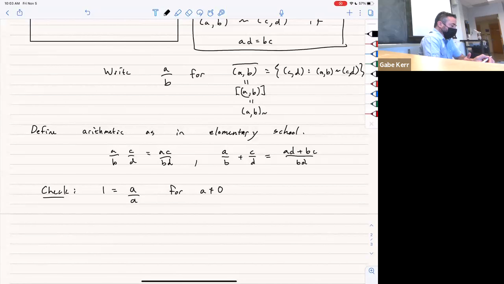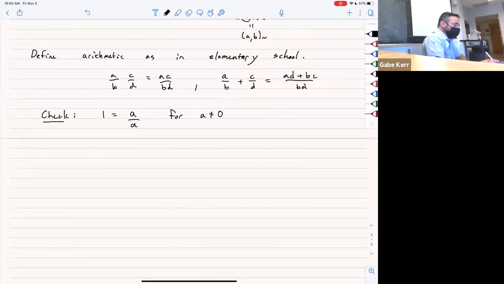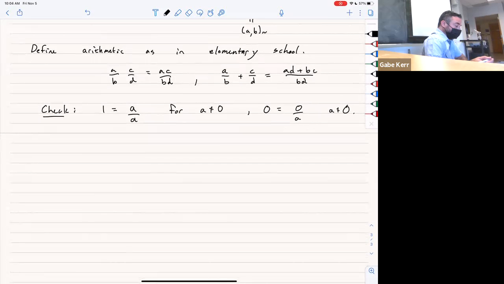Of course, it wouldn't be defined to have A over 0. And 0 is equal to 0 over anything. There's ambiguity in the notation, but that's okay. We'll learn to deal with it with the equivalence.